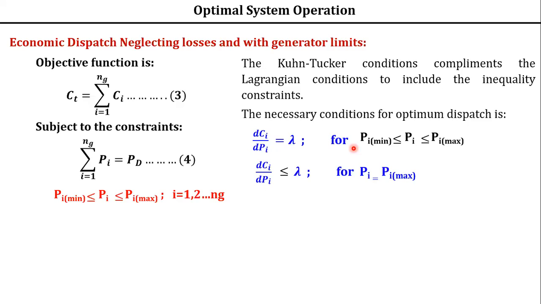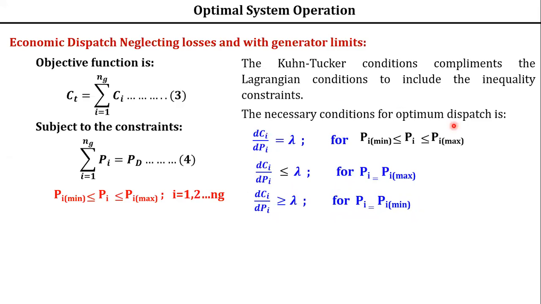The minimum should be 40 for economical reasons, but it is generating 30 megawatts. So you cannot operate that generator at 30 megawatts. What you have to do is operate it at 40 megawatts, the minimum value. Whenever it violates the minimum value, assign the minimum value to the actual generation. In such a case, the incremental fuel cost will be greater than or equal to lambda.